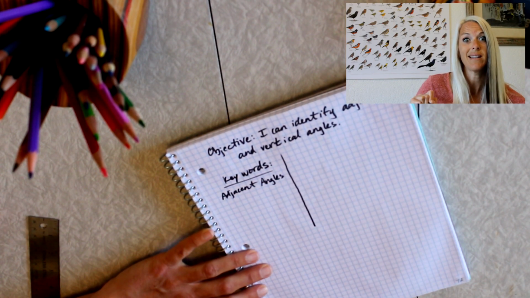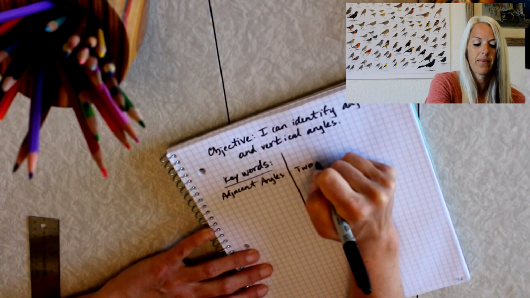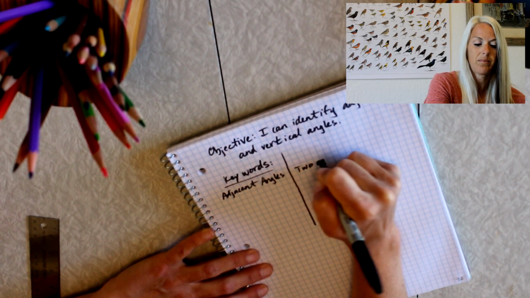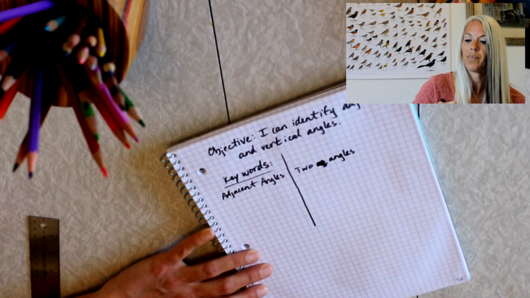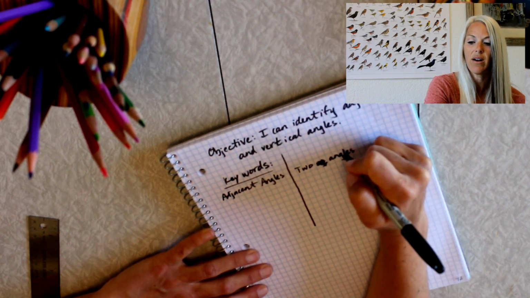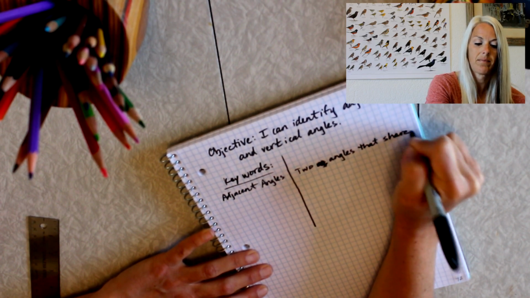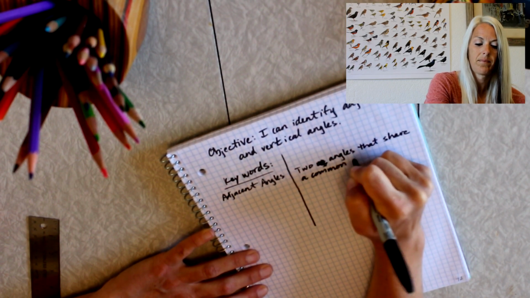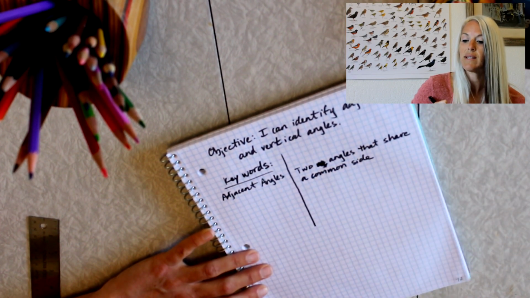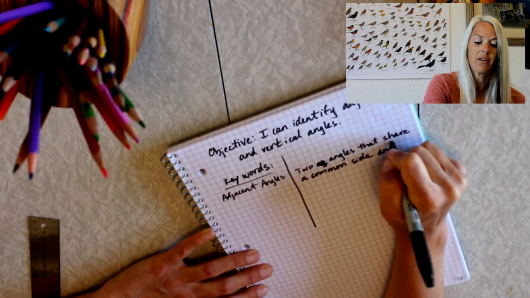Okay, so adjacent angles. Those are two angles that share a common side. Two angles that share a common side and have the same vertex.